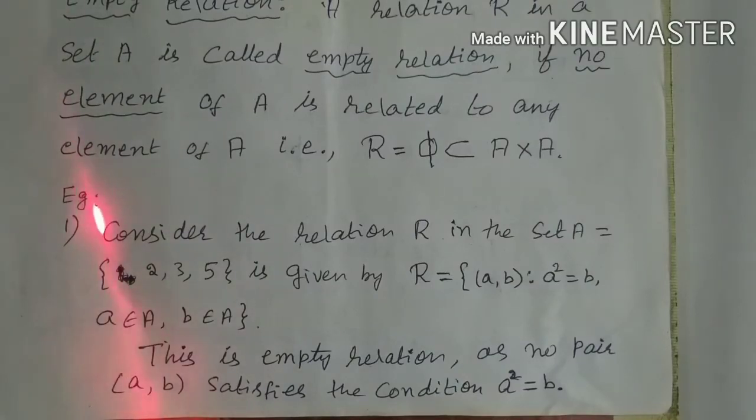Let us consider an example. Consider the relation R in the set A = {2, 3, 5}, which is given by R = {(a, b) such that a² = b}, where a belongs to A and b belongs to A. Clearly, this is an empty relation, as no pair (a, b) satisfies the condition a² = b.